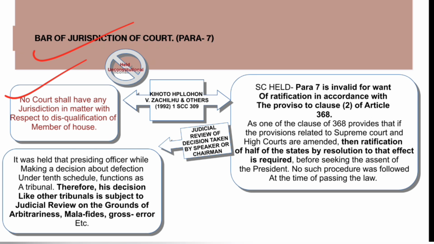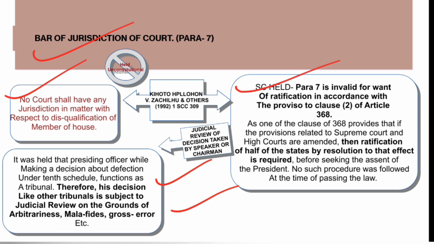So it was held that the presiding officer, while making a decision about defection under the 10th Schedule, functions as a tribunal. Therefore, his decision, like other tribunals, is subject to judicial review on grounds of arbitrariness, malafide, gross error, as we have discussed in an earlier slide. So it was held that para 7 is invalid for want of ratification.